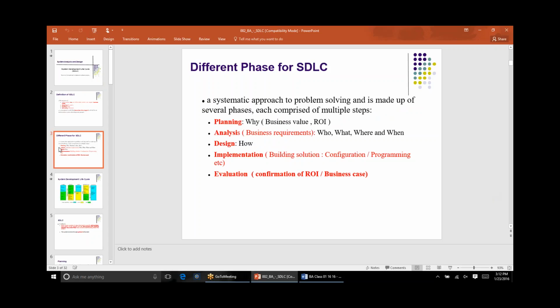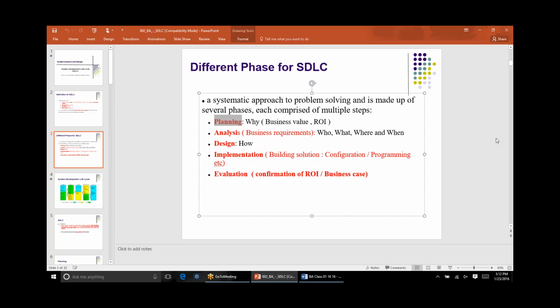Essentially, in order to achieve the four goals we talked about in the last slide, we have these five steps. Step number one, we do the planning. If I have to do this business solution, then why are we doing it? What is the business case?